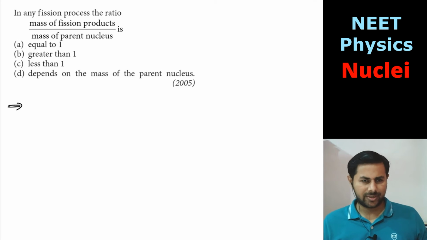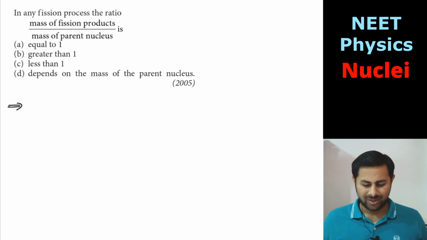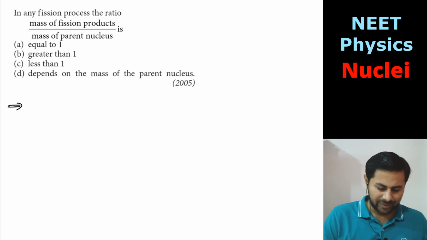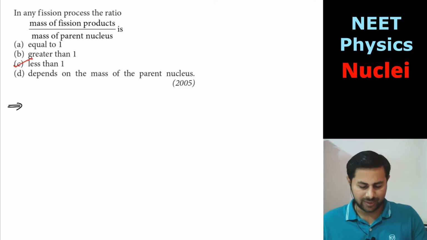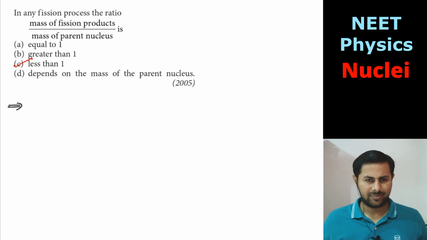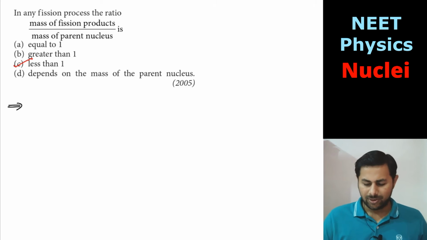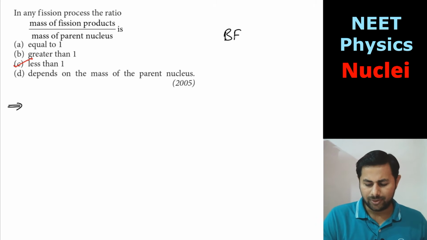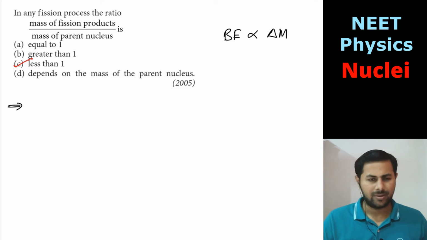Mass of products divided by mass of parent nucleus. So it's less than 1, right? How? Simply you can put it this way: if binding energy is more, mass would be less. Binding energy is proportional to mass defect, right?